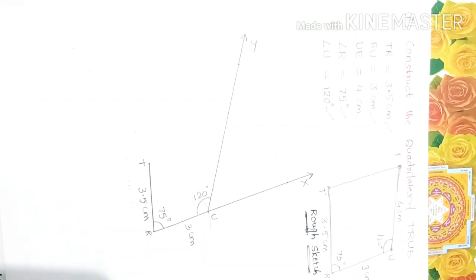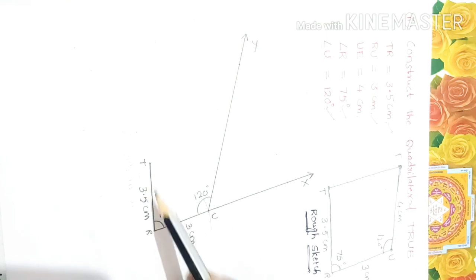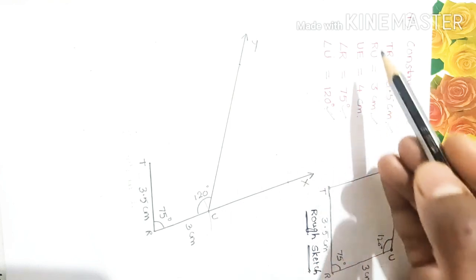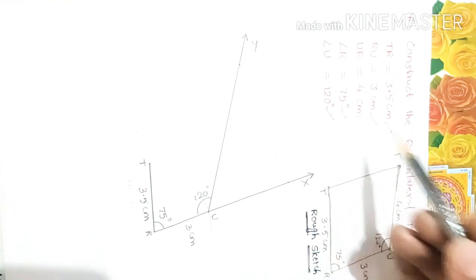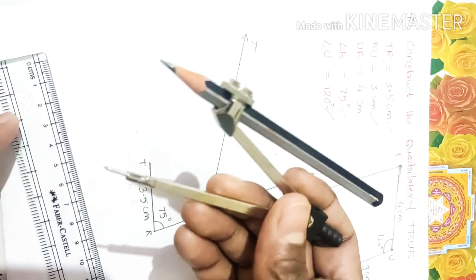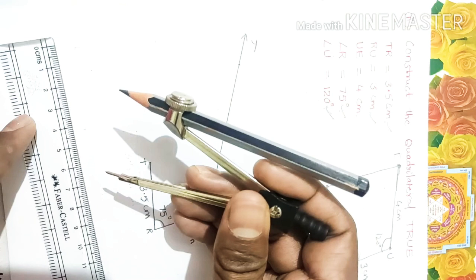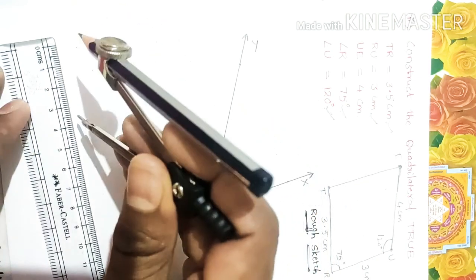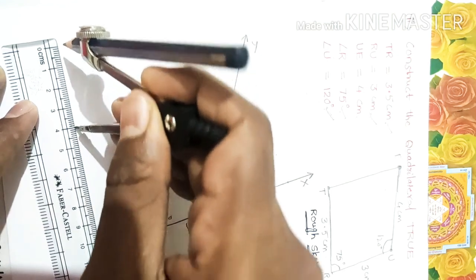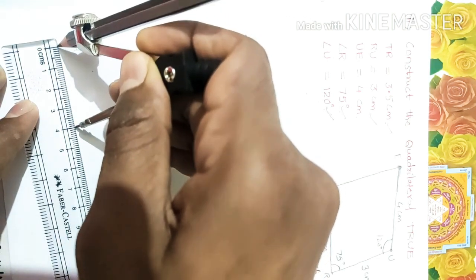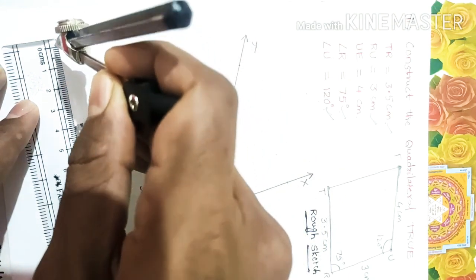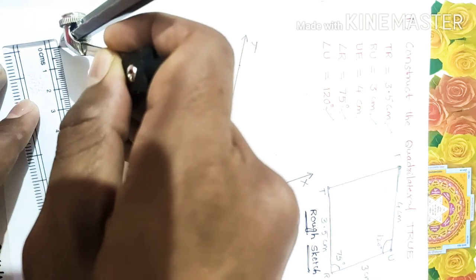Next you have to locate the E point. T, R, U are located, and E point is required. Here UE length is 4 centimeter, as given. To construct 4 centimeter we have to take the help of the ruler as well as the compass. On the compass we are selecting a 4 centimeter radius. Adjust the compass like this.